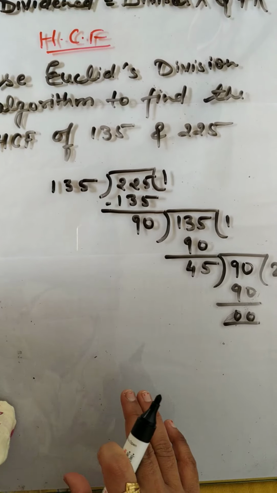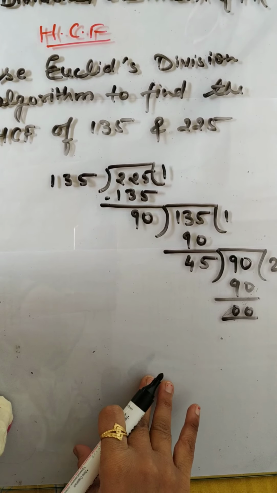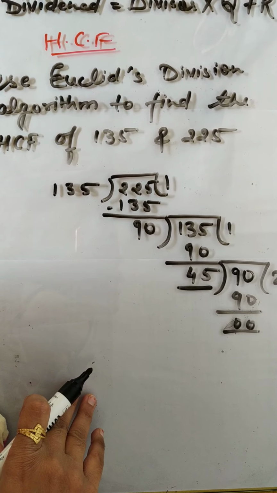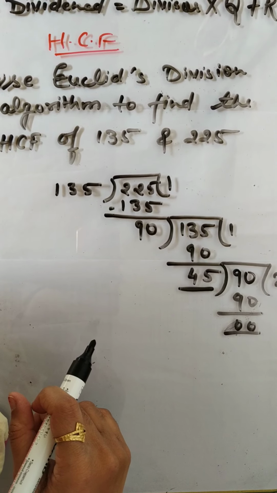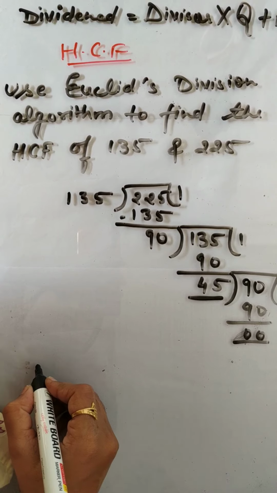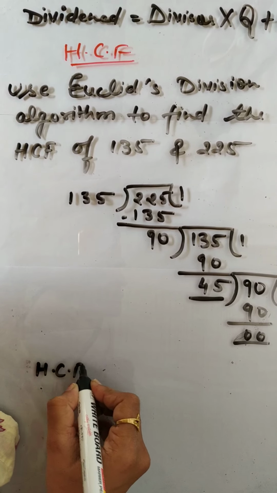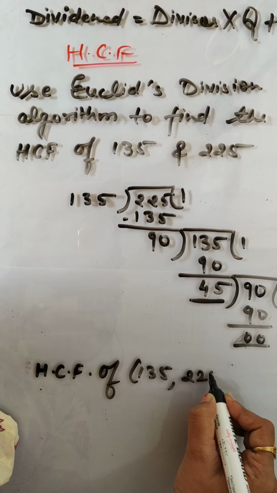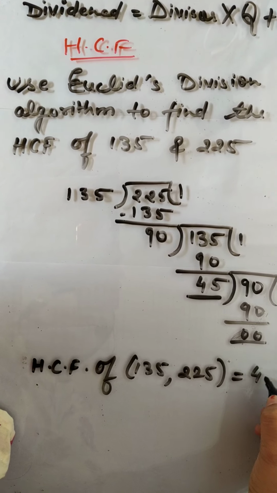Whenever our remainder is 0, we stop. The last divisor is 45. So our HCF of 135 and 225 is equal to 45.